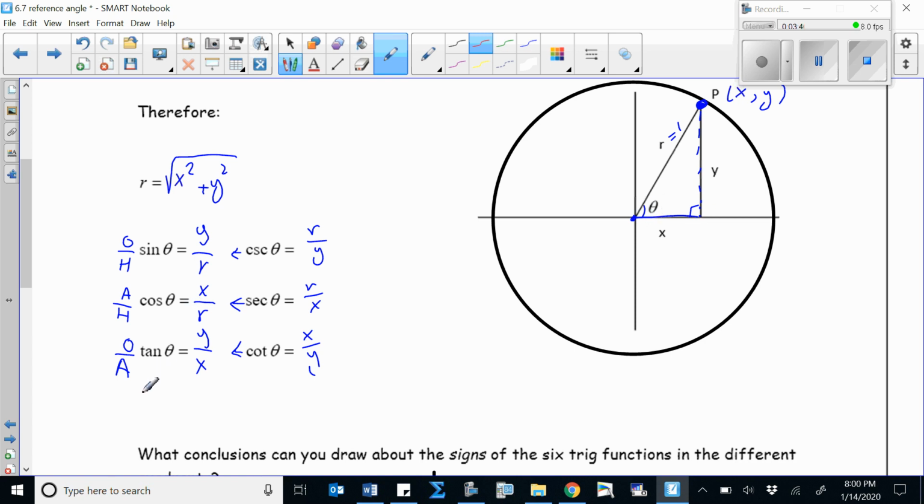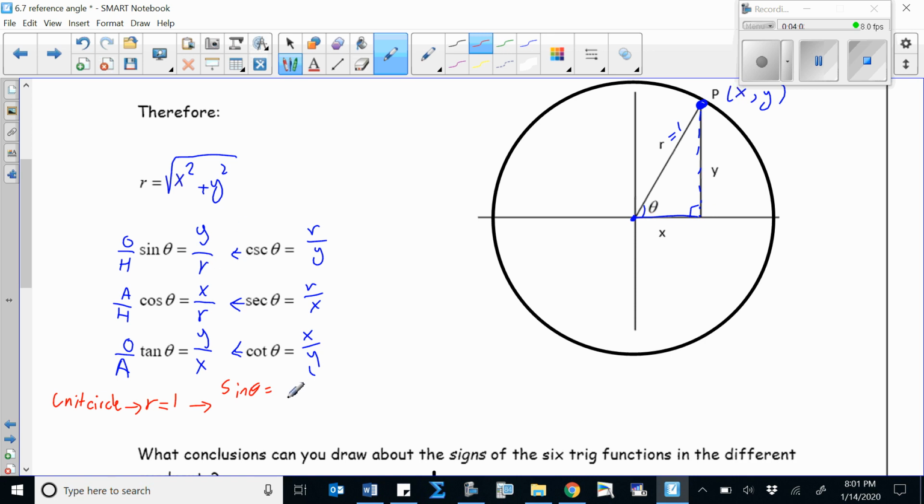So if we have a unit circle and r is equal to 1, then let's see what happens to all these 6 trig functions. Then sine of theta will be y over 1, because r is equal to 1.